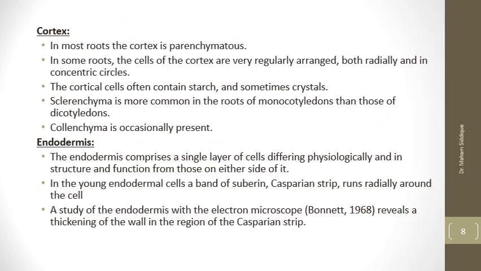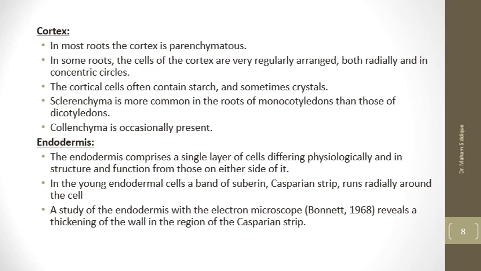Next, cortex. In most roots, the cortex is parenchymatous. In some roots, the cells of the cortex are very regularly arranged, both radially and in concentric circles.